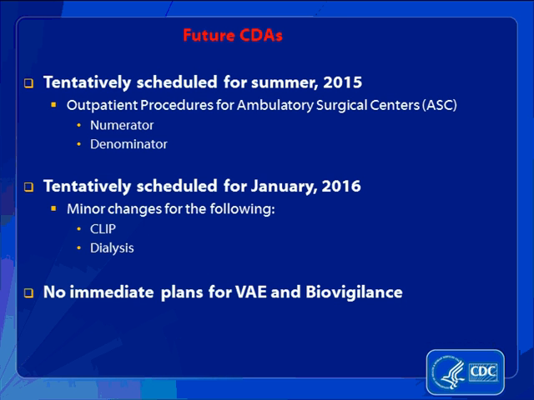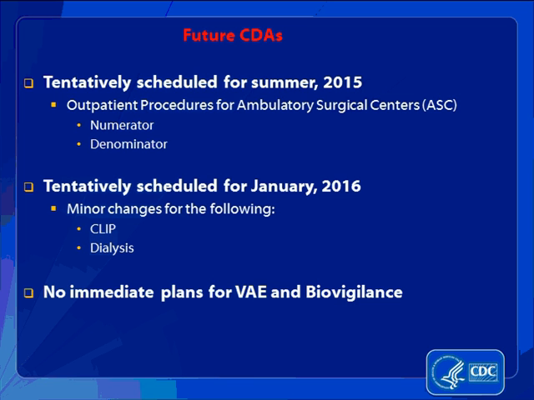Okay, and I alluded to this briefly, but future CDAs. Right now we're about to go to ballot with CDA specifications for ambulatory surgery centers. NHSN is working on developing an outpatient procedure component, which is exclusively reserved for ambulatory surgical centers and hospital outpatient procedures.